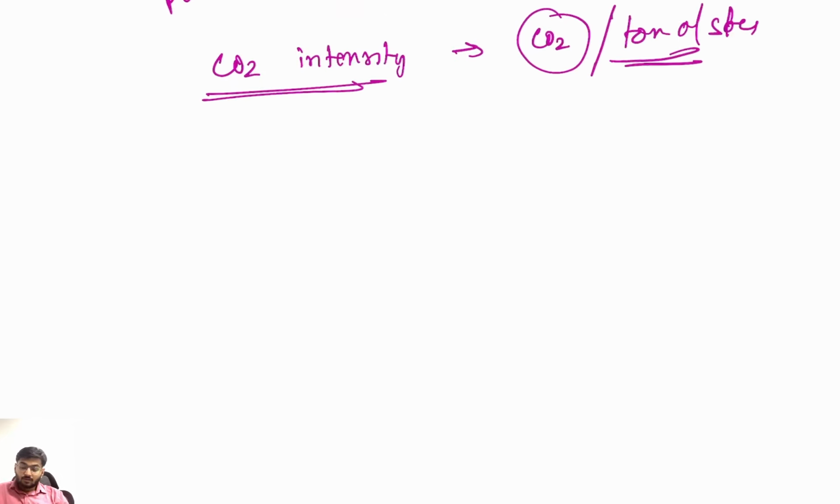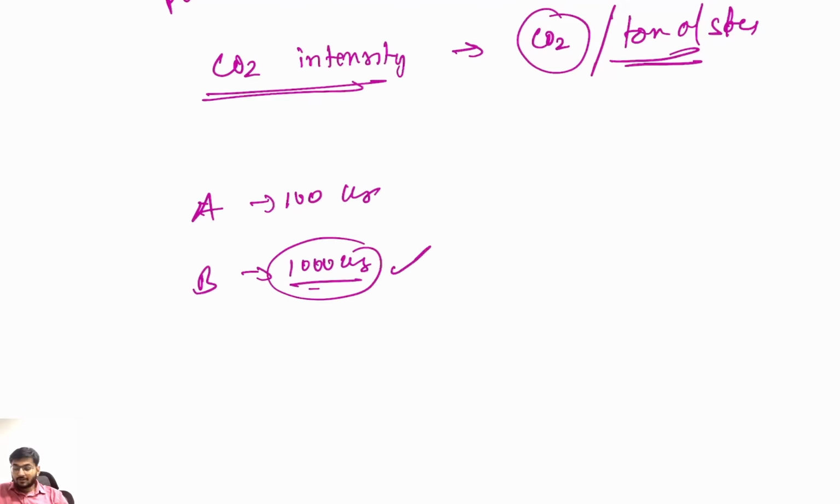Because of company A and company B: A is producing only 100 kg of steel, B is producing 1000 kg of steel, but it is for sure that B's carbon emission is higher because they are producing more. But suppose A's total output of carbon in the atmosphere is 30 kg.